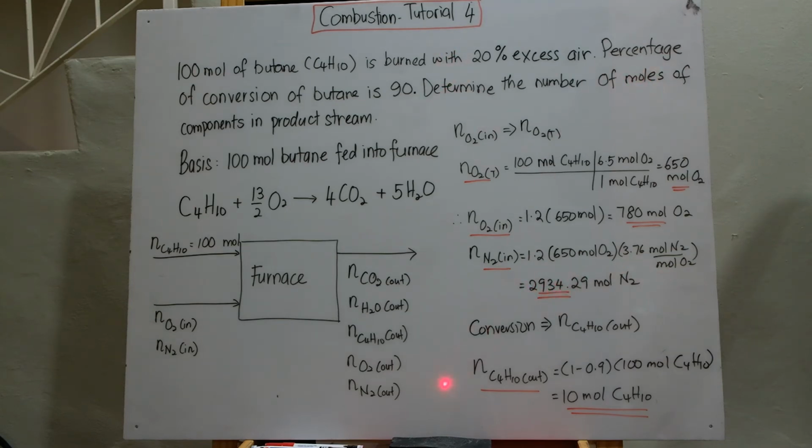From the information on conversion of butane, we'll know what the butane out is. Butane out is equal to (1 minus 0.9) times 100. So we already know the butane that does not react and goes out in the product line is 10 mole of butane.